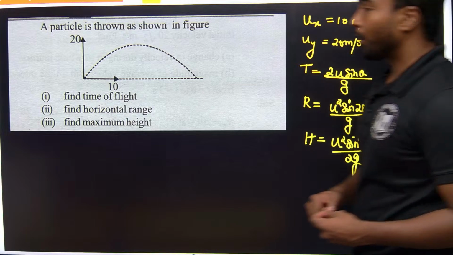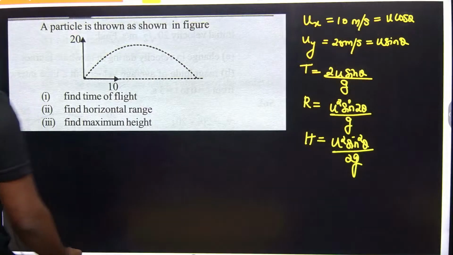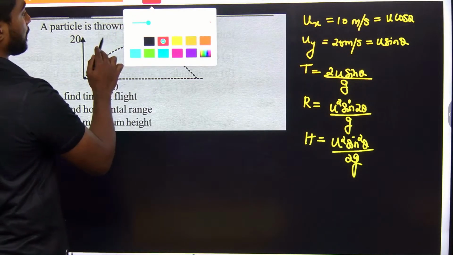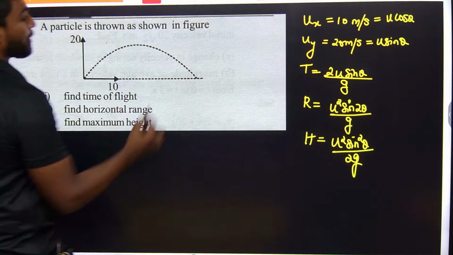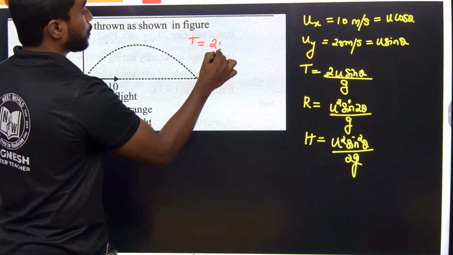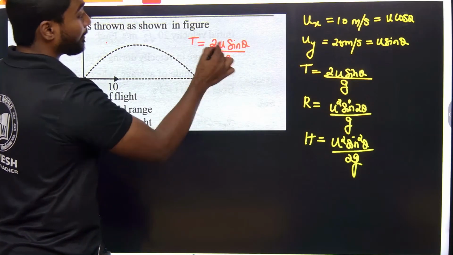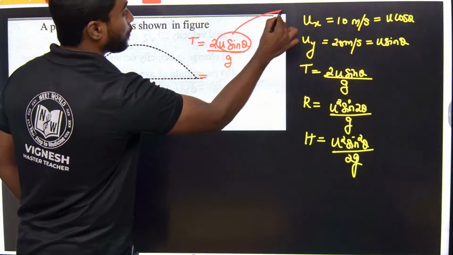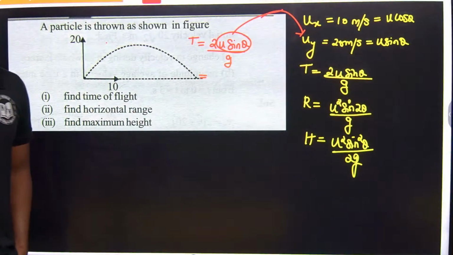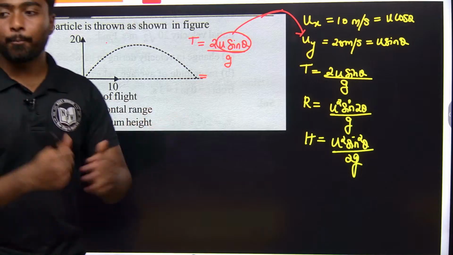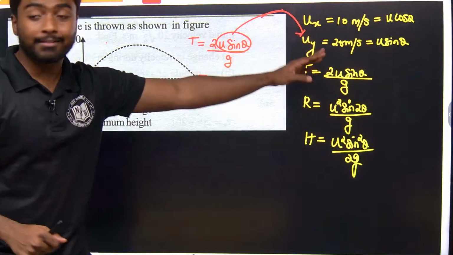Okay, so now we will discuss the answer for this question. What about the time of flight? T is equal to 2u sin theta by g. I can take u sin theta directly, that is 20. There is no need of doing any components here, they have given components directly.